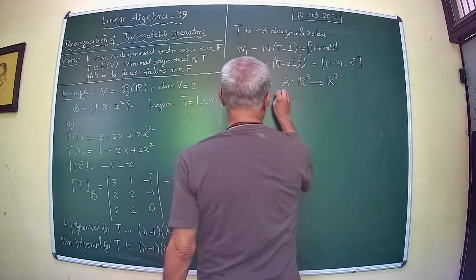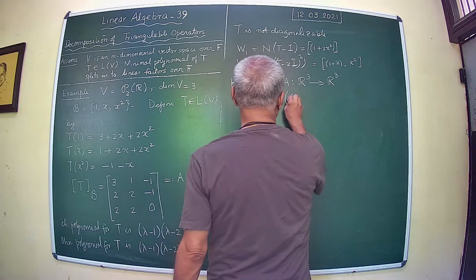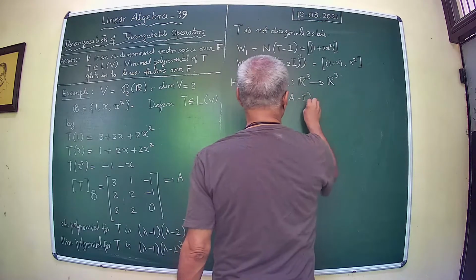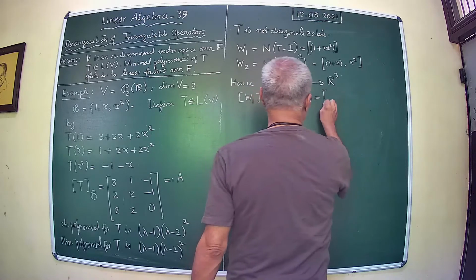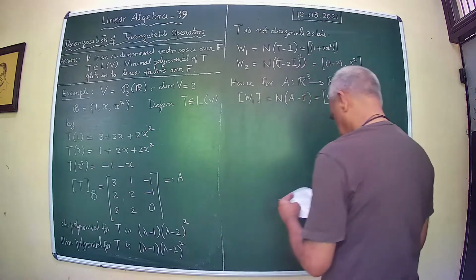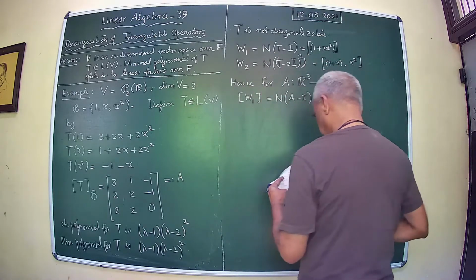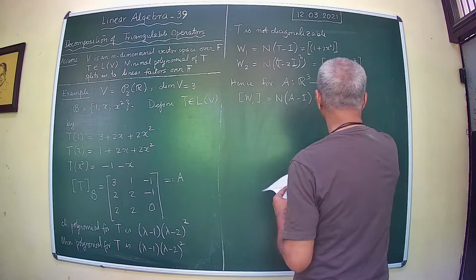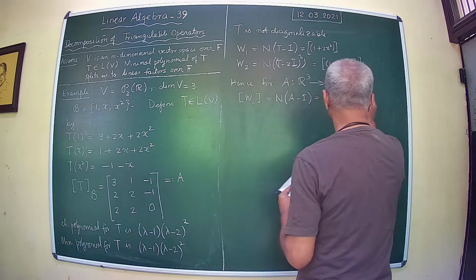This is equal to the null space of, span of, and.